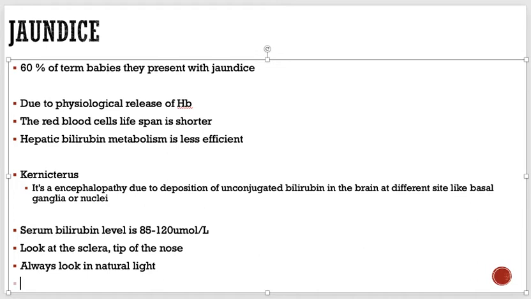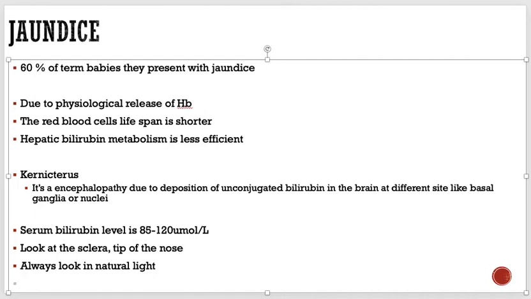Jaundice can be prolonged in certain conditions, for example prematurity, acidosis, and hypoalbuminemia. When the albumin level in the blood is low, less bilirubin binds with albumin, so more will be in the free form. Dehydration or hemolysis will also give more severe jaundice.